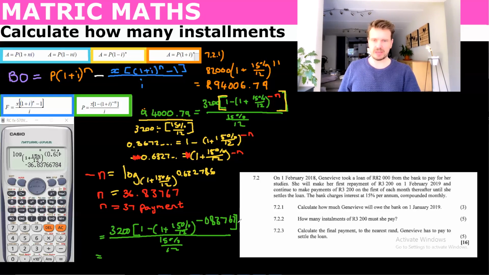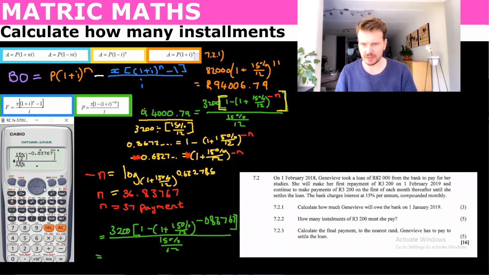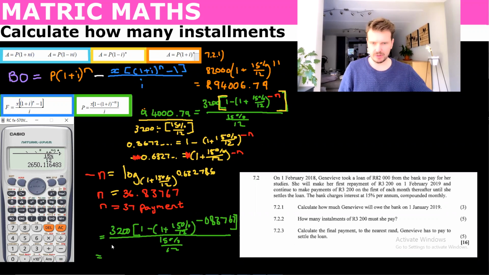But of course, that is not the value of the final payment. That's actually the balance outstanding before the final payment, which you then have to give 1 month's interest to. So let's see what that is. We put that in our calculator and we say equals. Now that is going to be the value before we add interest. We've got to add interest for 1 month.